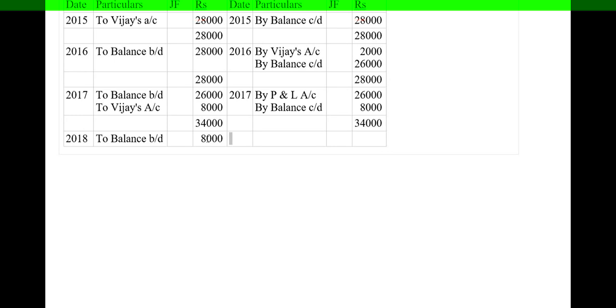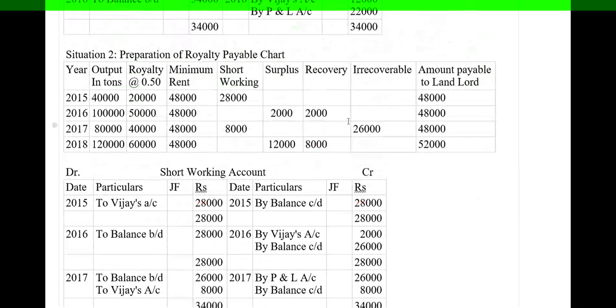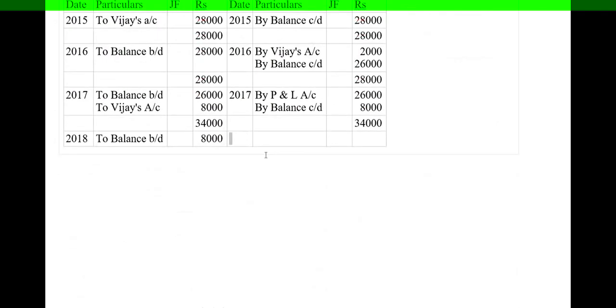Now let us see in the last year, this 8,000 is entirely recovered here. So when it is recovered, then it will be Vijay's account debit to short working. So short working account is credited by Vijay's account here. So that is rupees 8,000. So now let me take the total here, 8,000, so here it is 8,000.